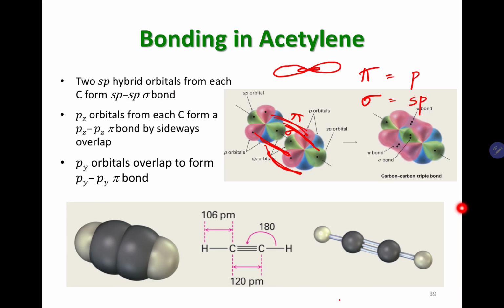So basically in a carbon-carbon triple bond, you will have one sigma bond which is formed between sp hybridized orbitals of the two carbons, and then you will have two pi bonds. Here is one, here is the other. You will have two pi bonds which are formed by partial or lateral overlap between p orbitals of the two carbons.